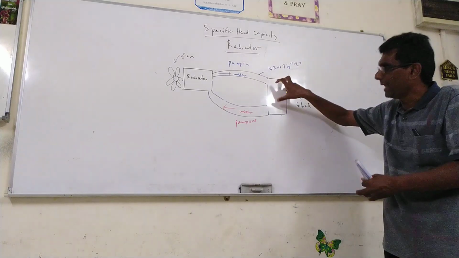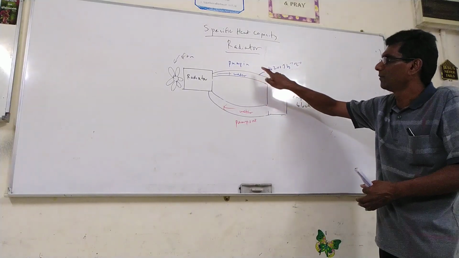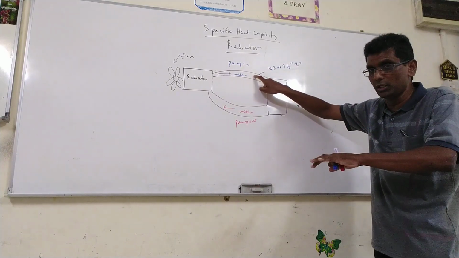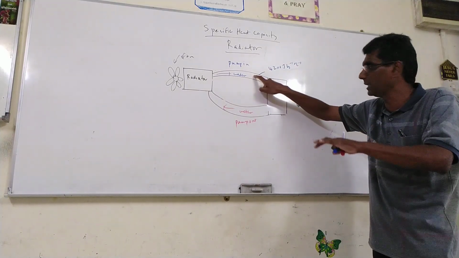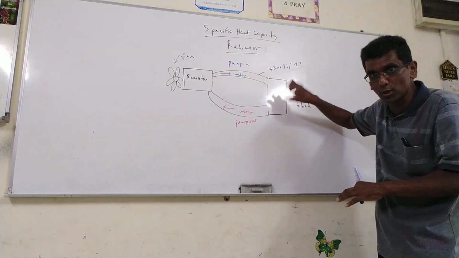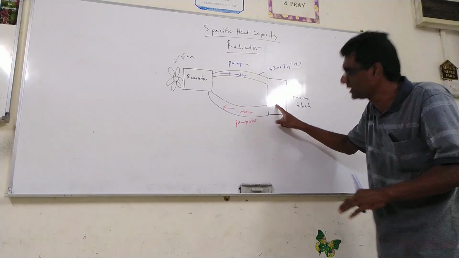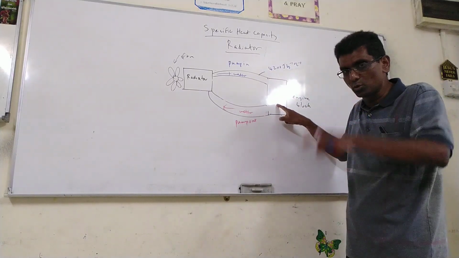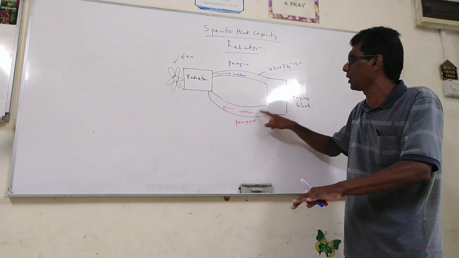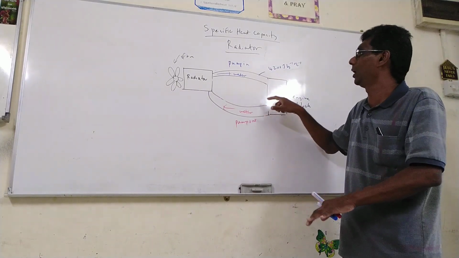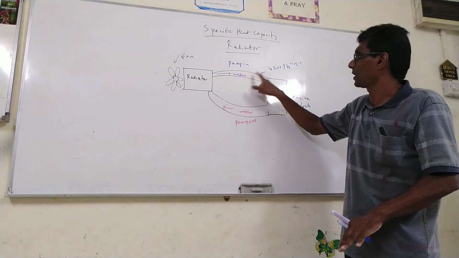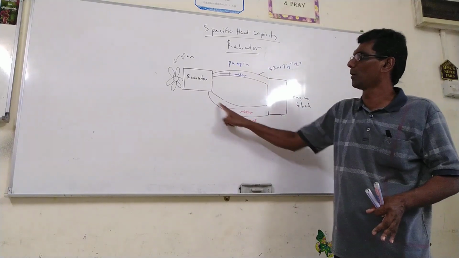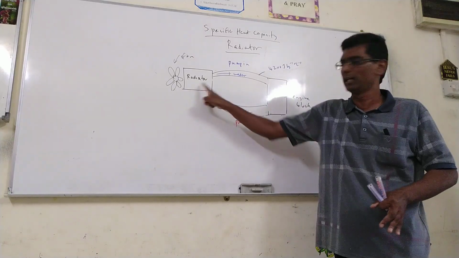So the coolant water from the radiator is pumped in and absorbs the heat from the engine, and the engine cools down, but the water becomes hot because it absorbed the heat. The water is then pumped out from the engine to the radiator.